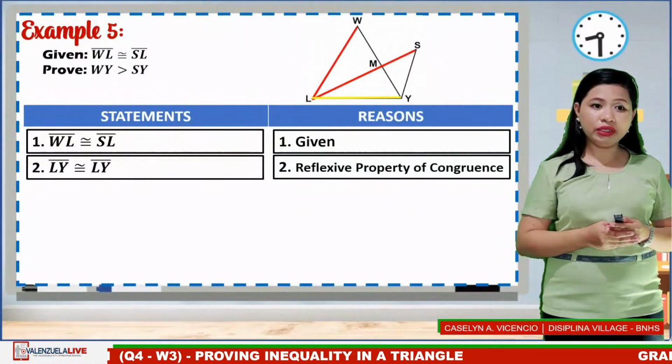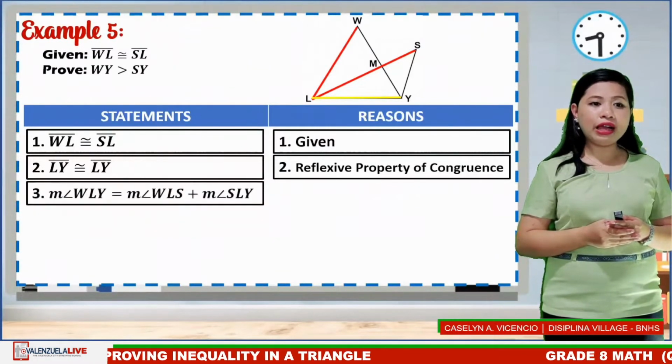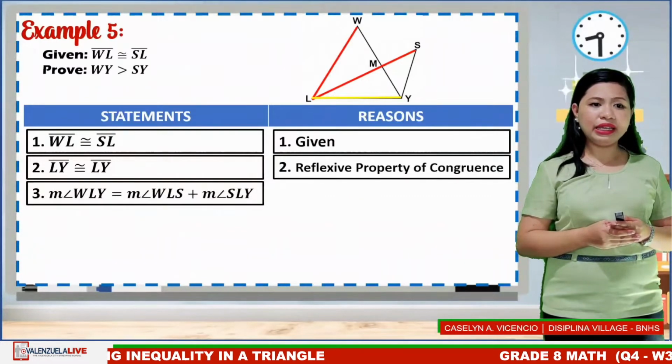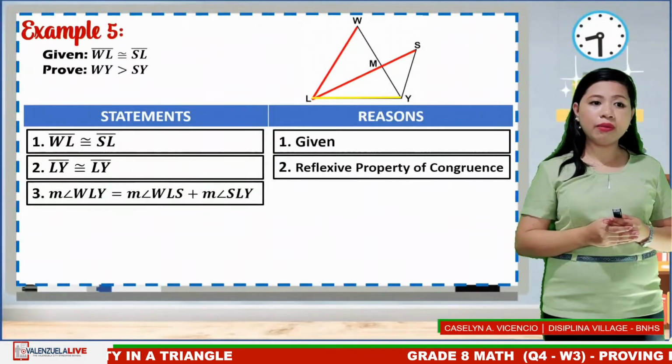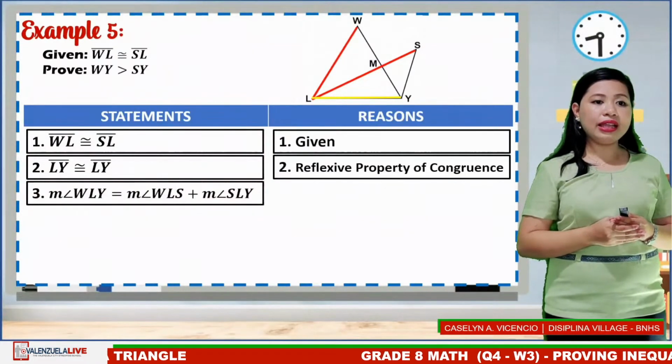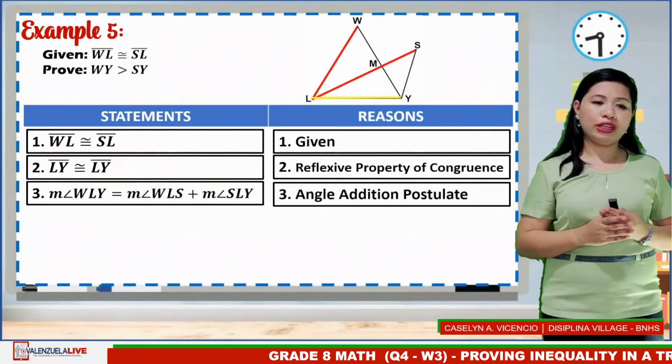Analyzing the figure, we can state that the measure of angle WLY is equal to the sum of the measure of angle WLS and angle SLY by angle addition postulate.